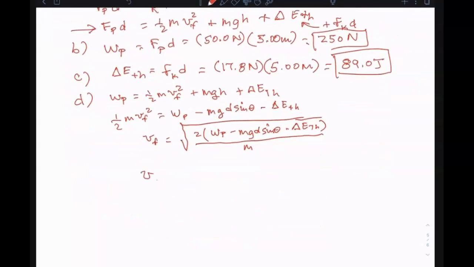So we put in the numbers. 2 times the pushing work minus m. What was m?